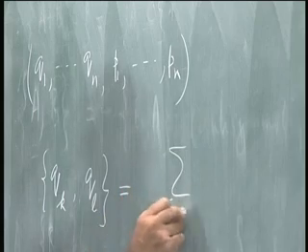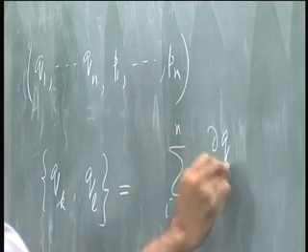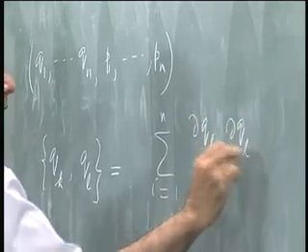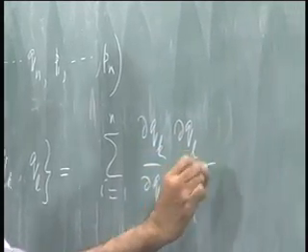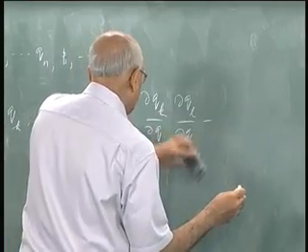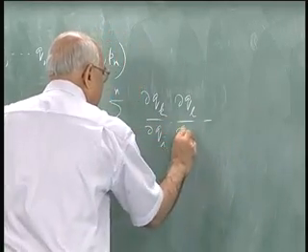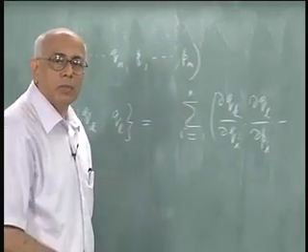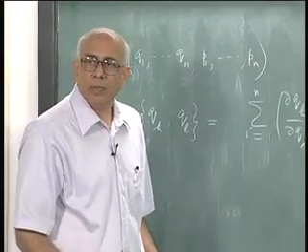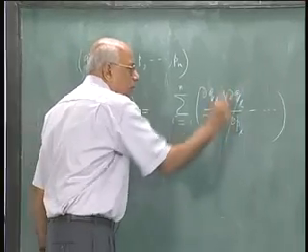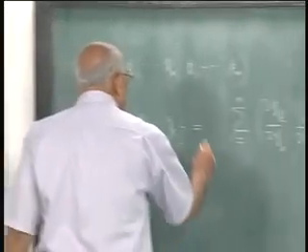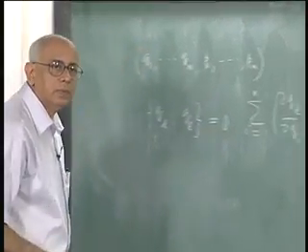So this is the sum over i equal to 1 to n of delta qk over delta qi delta ql over delta pi minus the reverse term. But you see the q's and p's are independent variables, completely independent variables, so this is 0, identically 0.